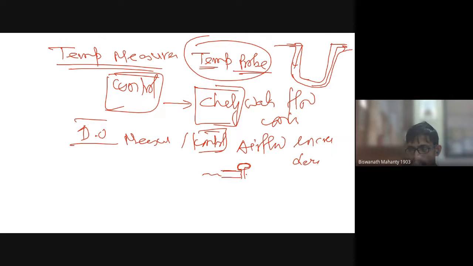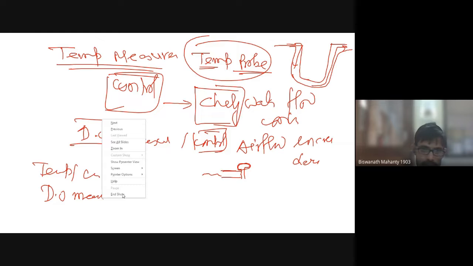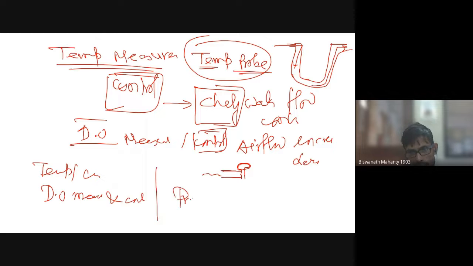Our objective in this class, and maybe next day, is to learn about control. We will look at temperature measurement and control, dissolved oxygen measurement and control, and similarly pressure measurement and control.